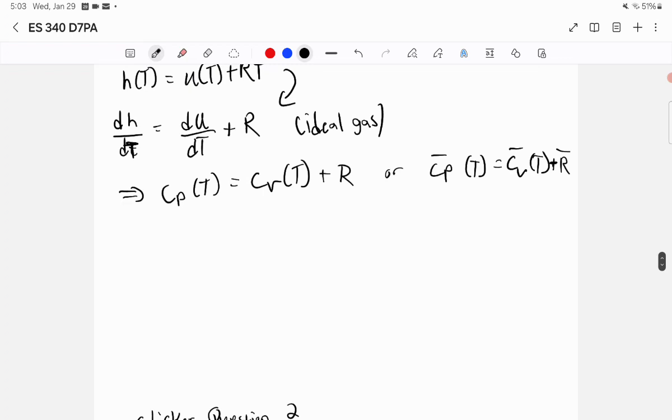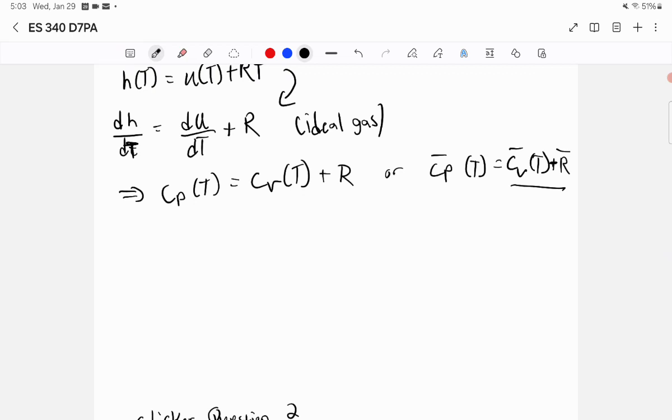So what does this actually imply, though? Well, you can imagine that, say, if Cp and Cv are a constant, then the difference between them is also constant, or the ratio of them is also constant.